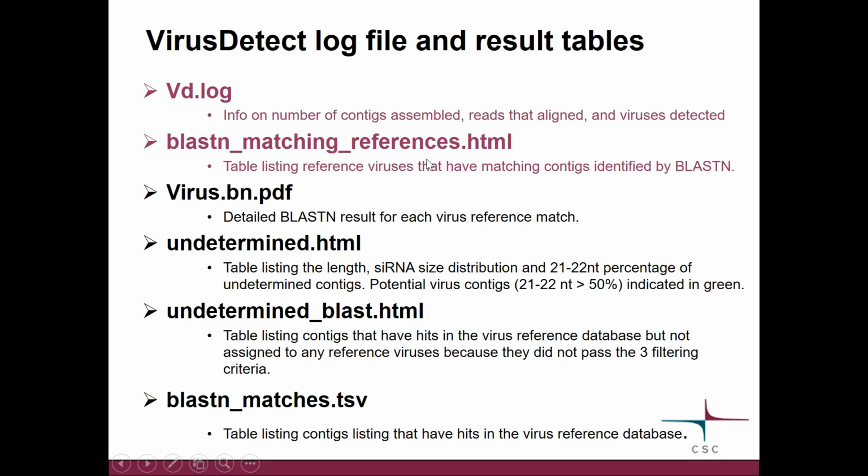And then for each virus that was discovered, a PDF file is also produced. So if your sample happens to contain several viruses, then you will end up with a lot of PDF files as well. Then, like I said earlier, those contigs that don't match anything by BLAST are also reported to you, as they can be potentially new viruses.